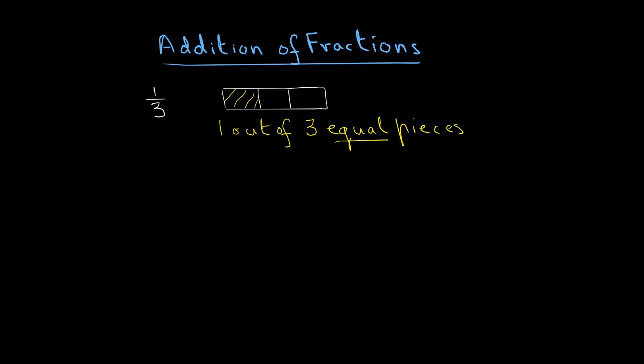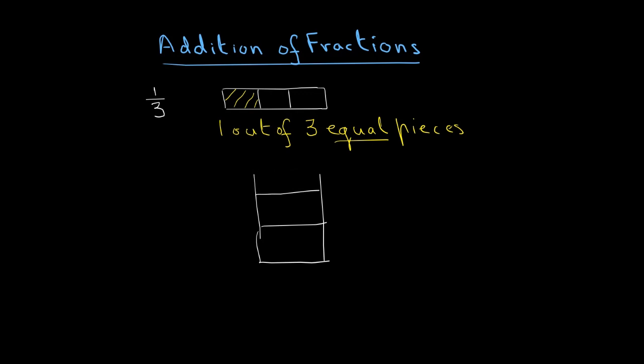So now if I talk about a third of a liter of milk, let's say I want one third of a liter of milk. So what I mean is here's a jar of milk. It's a liter. So I'm going to break it up into three equal pieces. They may not look equal. Okay, this looks really small, so maybe I should make this a bit bigger.